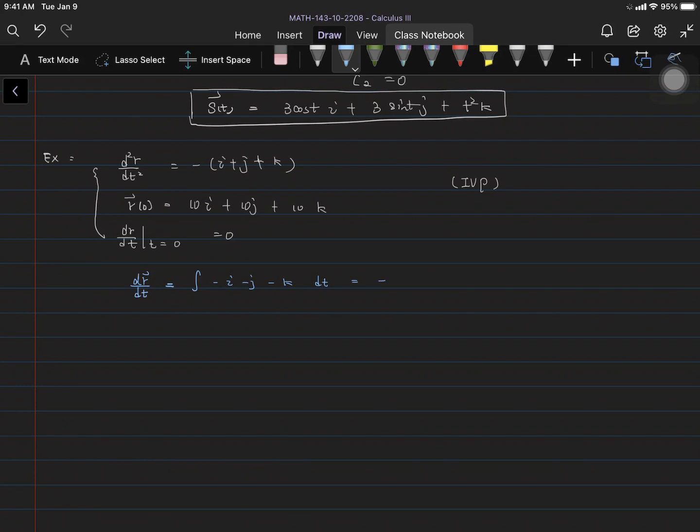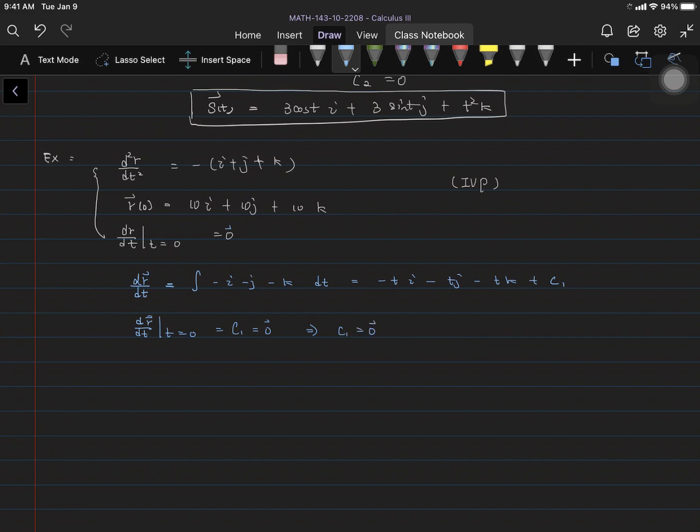So negative t i minus t j minus t k plus c1. And the initial condition is, it should be 0. dr/dt when t equals 0 is c1, and is given by the 0 vector. So that means c1 is 0.